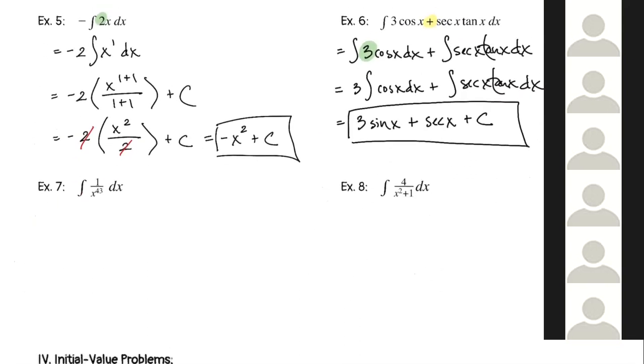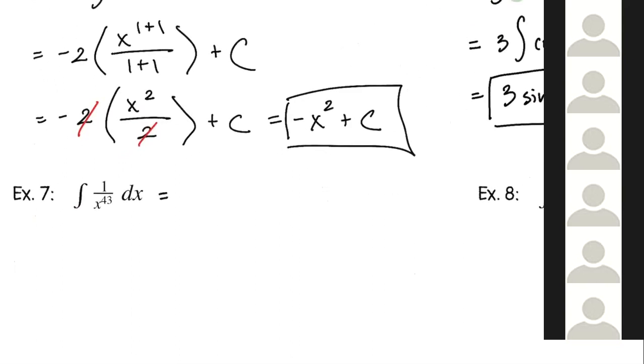All right, moving on to example 7. Now, example 7 I thought was a little tricky. And I really love that the folks that I reached out to did one really clever thing before they took the antiderivative.